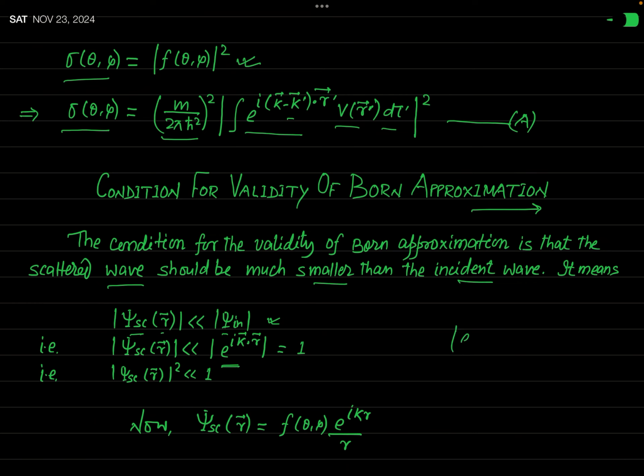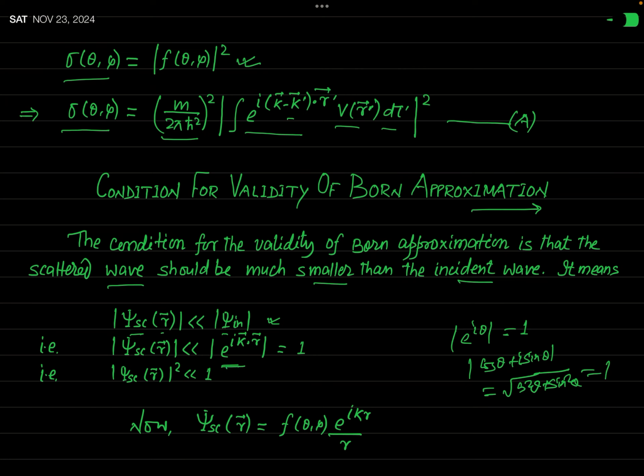But you know the modulus of e to the power i theta is equal to 1. Why is it 1? Because e to the power i theta is cos theta plus i sin theta, and its modulus is the square root of cos square theta plus sin square theta, which is equal to 1.